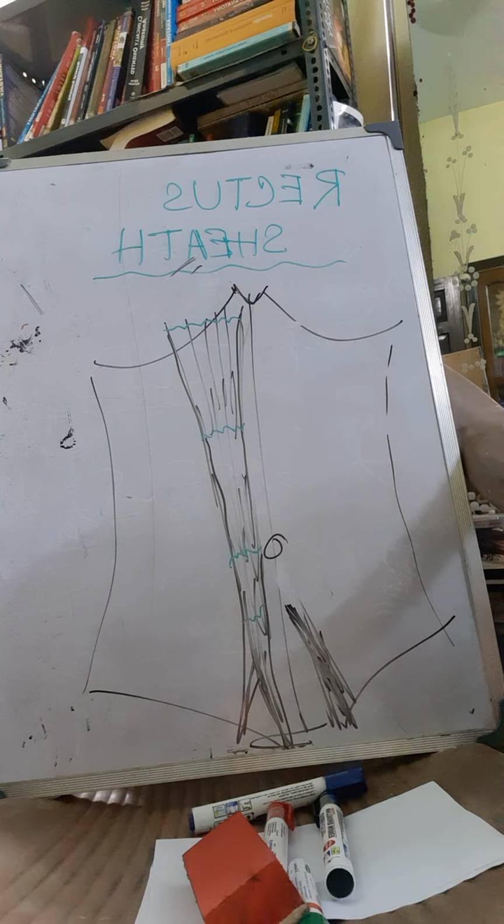The nerves which are the contents of this rectus sheath, they will enter within the rectus sheath after piercing the posterior wall, mainly the posterior lamella of the internal oblique aponeurosis on the lateral aspect along the linea alba.